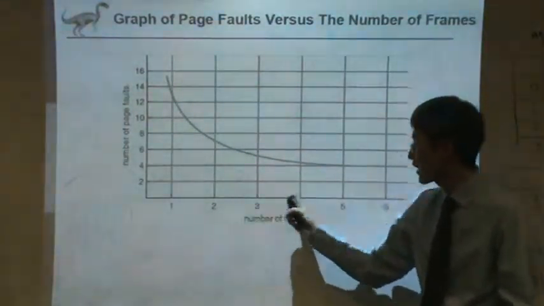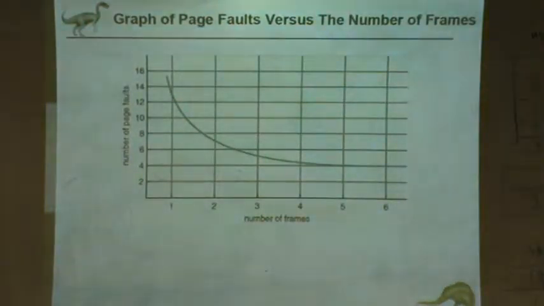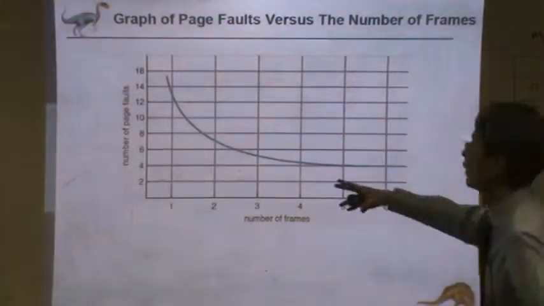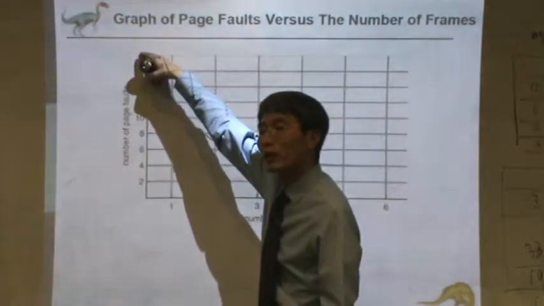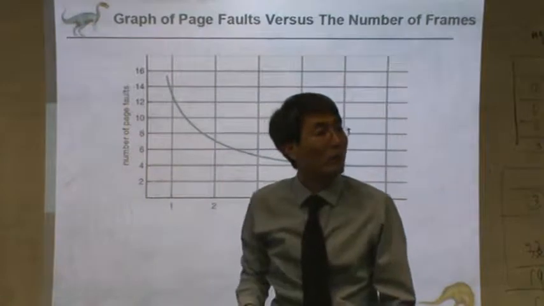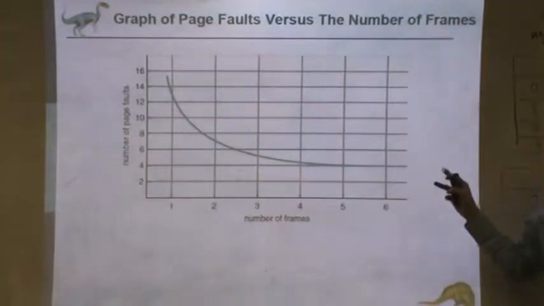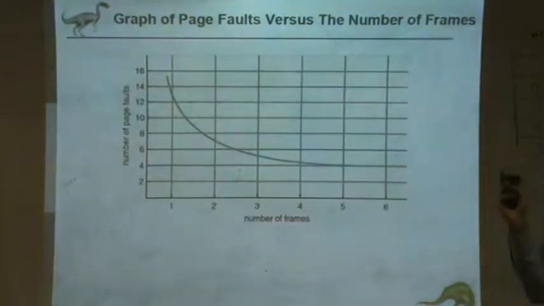The x-axis indicates the number of frames. The number of frames means the physical memory size. And the higher the number of page faults, the worse the performance. So this is what we expect in general. Is it true? Not always.